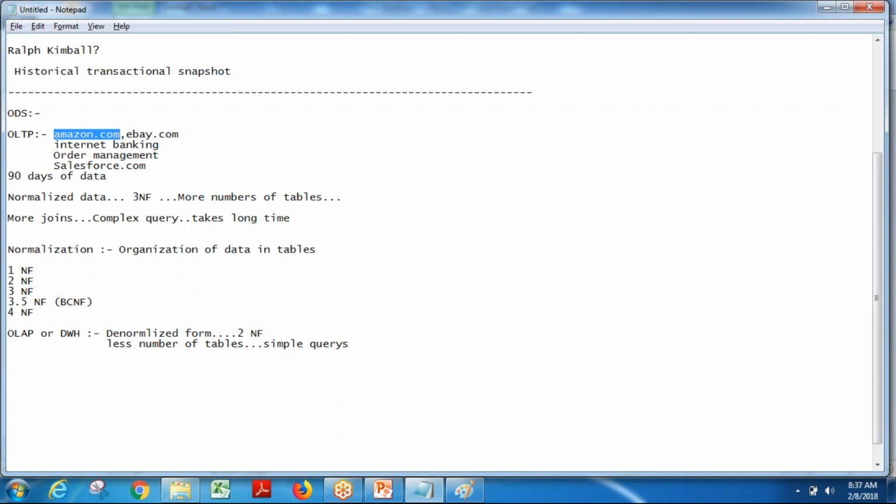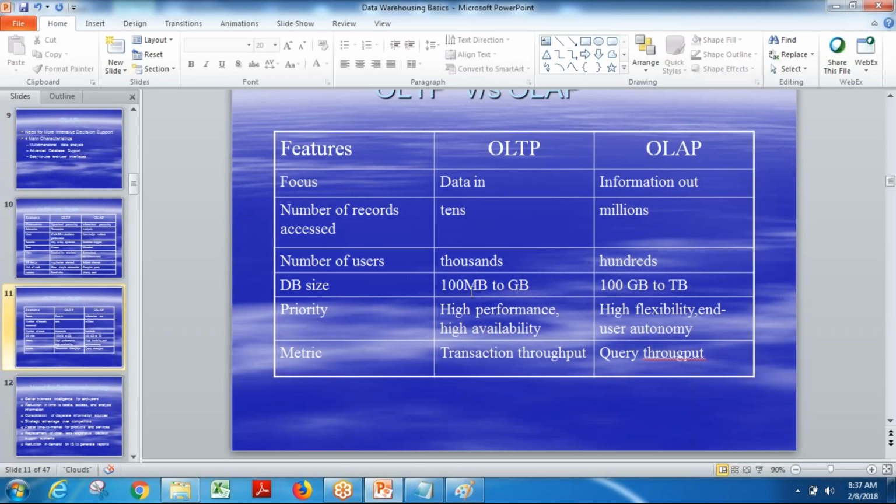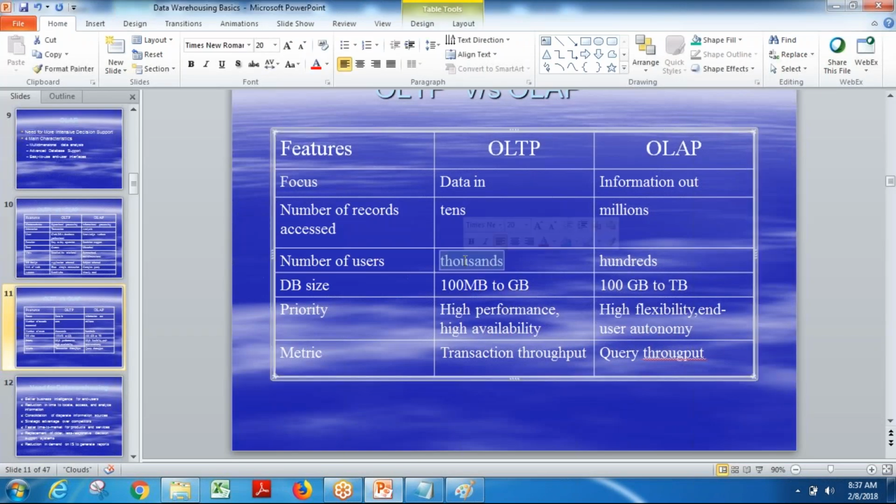So if you compare the number of users accessing the transactional system to the warehouse, it will be less. Here it is thousands, millions also, if you talk about some of the e-commerce applications, but for analytical applications, hardly 100 or even less than that use it.